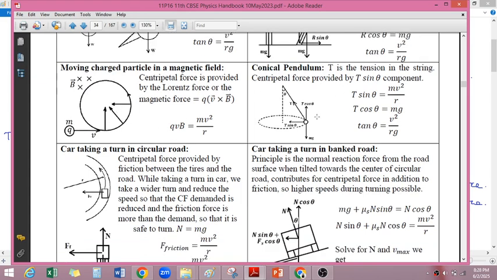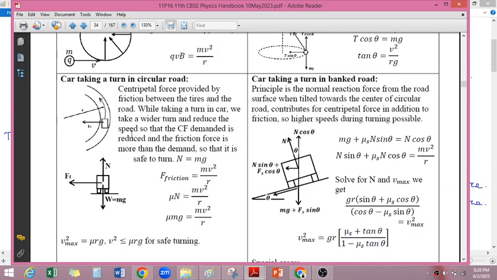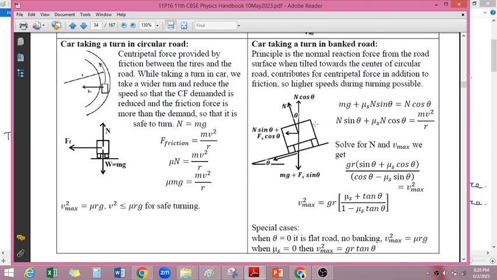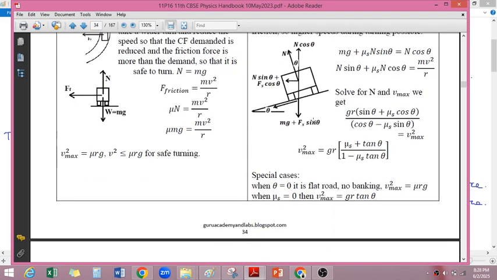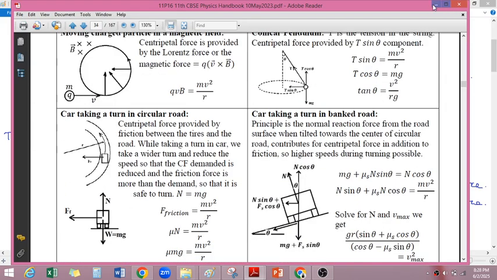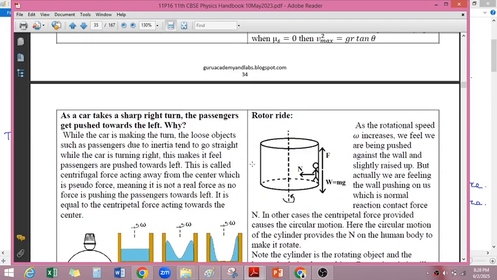Conical pendulum, you should know, right? This is what I talked about. Car taking a turn in circular road, car taking a turn in the banked road. Okay, so a lot of important things for you to study. So I would say this circular motion and laws of motion are very closely connected chapters.